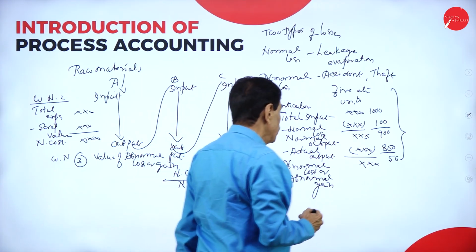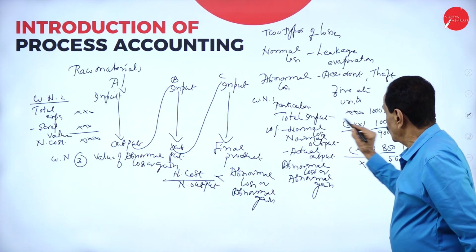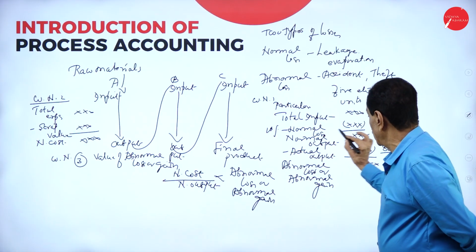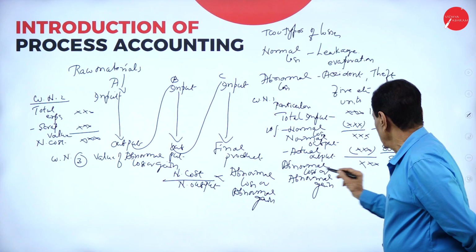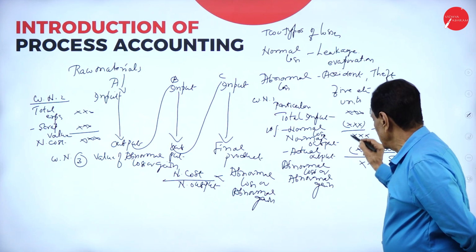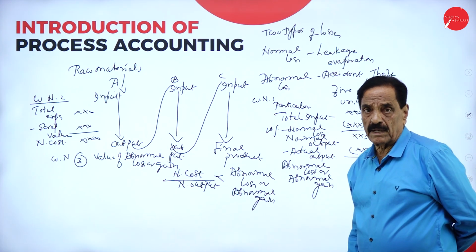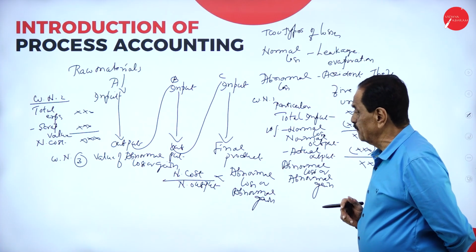How will it be? First, total input minus normal loss gives normal output; normal output minus actual output. This is your standard. Less than standard, abnormal loss. More than standard, abnormal gain.